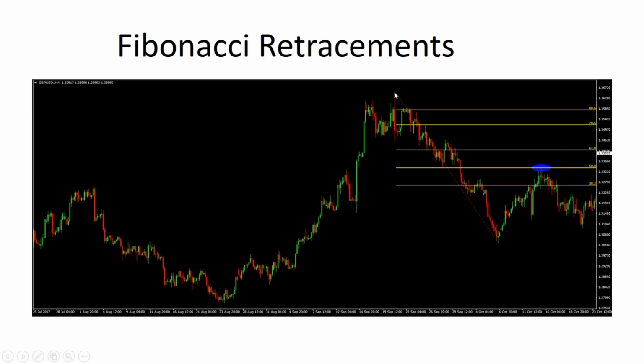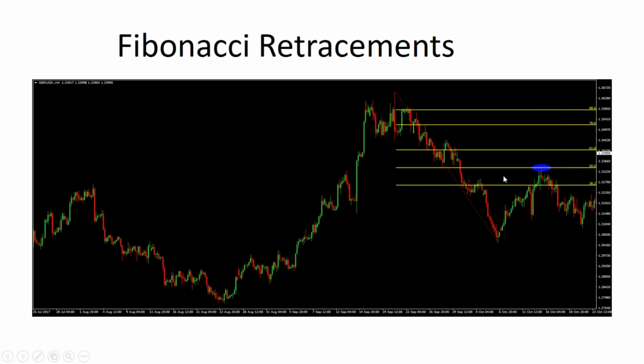So you can see here we have a bearish move. Price has moved from this high point down to this low point, and then we started to bounce here. As price is retracing against this bearish move, we can apply our Fibonacci tool from the high to the low, and you can see that it plots these levels onto our charts for us.